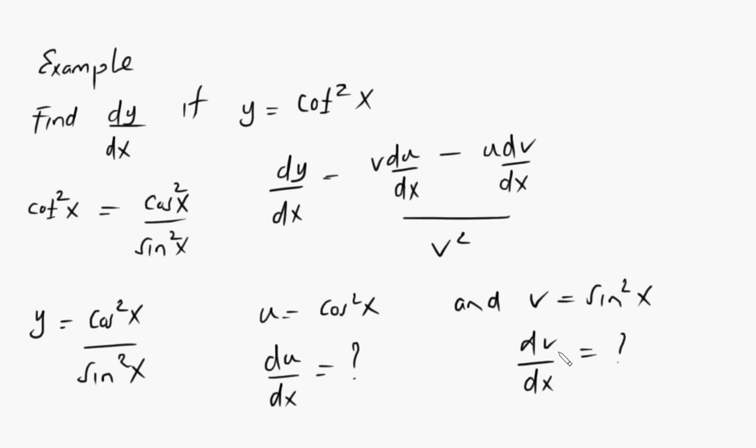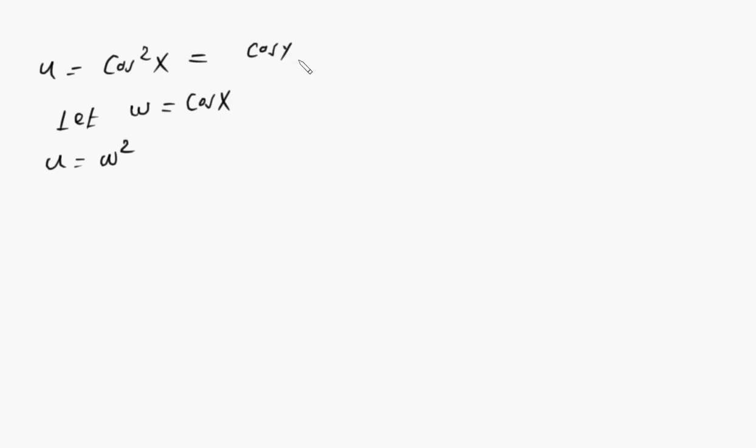So I have my u now equals cos squared x. Well, I can use chain rule. Remember chain rule? Just let w equal cos x. So u equals w squared. Okay, badala ya cos x weka w. Hii ni sawa na mtu aseme tu cos x squared.